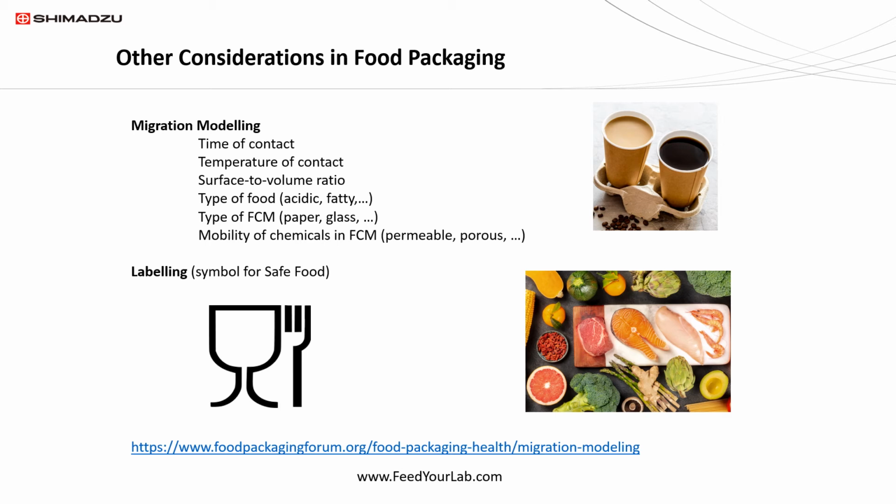Other things like the type of food contact materials and the surface to volume ratio were also studied as part of this migration modeling. There is a label that you can look for. There's just this glass and fork that is a symbol for safe food.